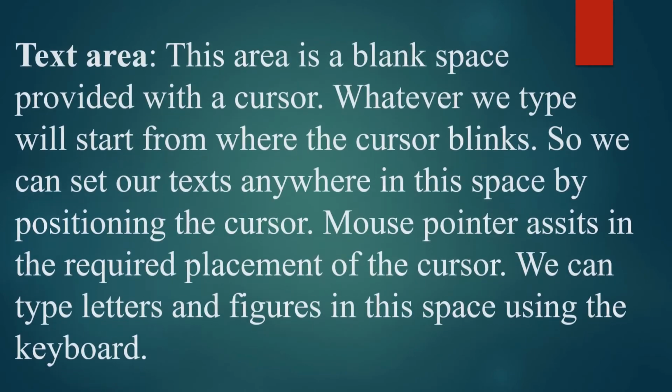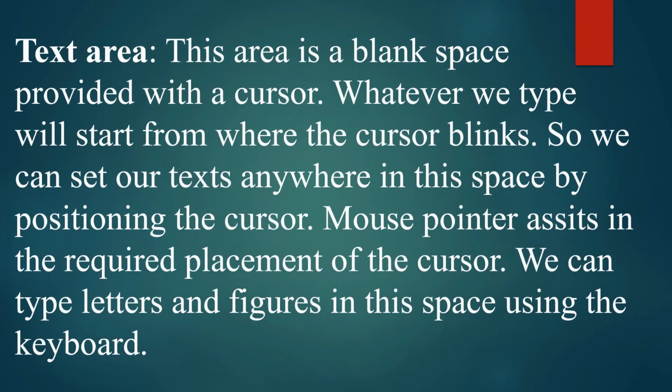Text area. Text area is a blank space provided with a cursor. Whatever we type will start from where the cursor blinks. So we can set our text anywhere in this space by positioning the cursor. Mouse pointer assists in the required placement of the cursor.